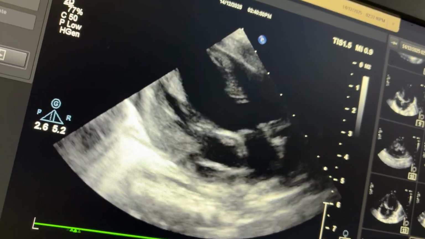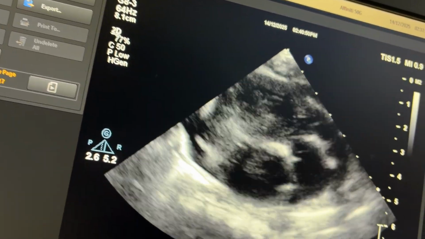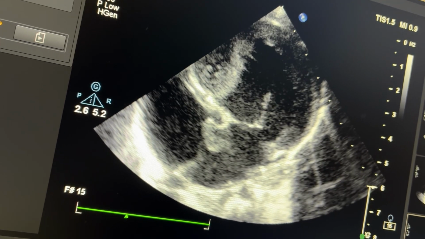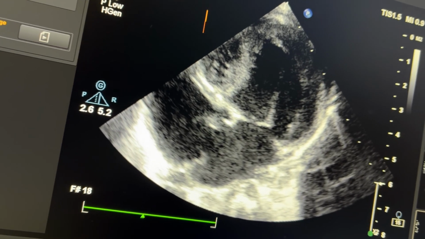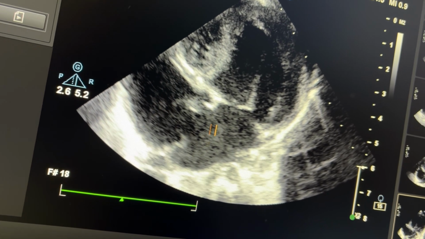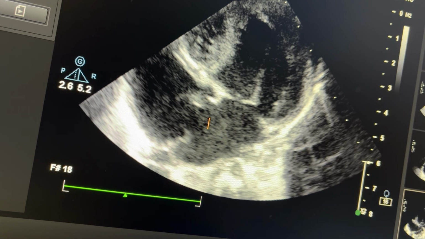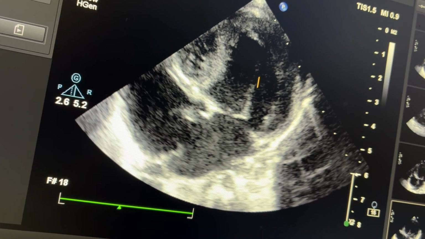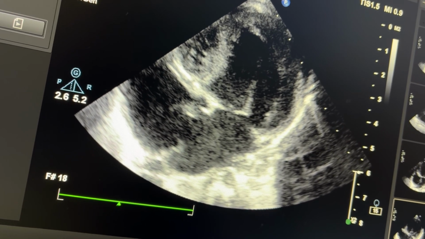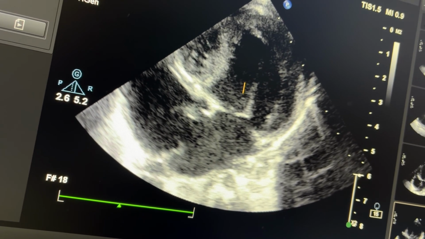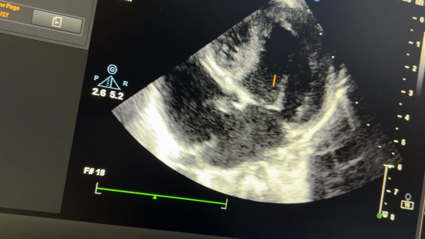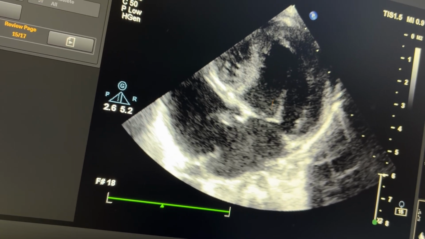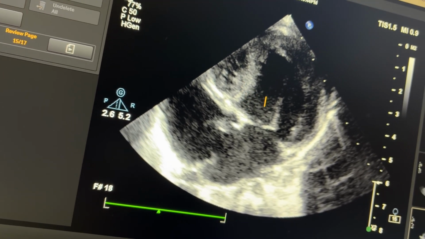So overall circulation, blood is coming all from vena cava into right atrium, from right atrium to left atrium through ostium secundum ASD, from left atrium to left ventricle through mitral valve, from left ventricle through VSD to right ventricle, and right ventricle to aorta, and left ventricle to pulmonary artery.